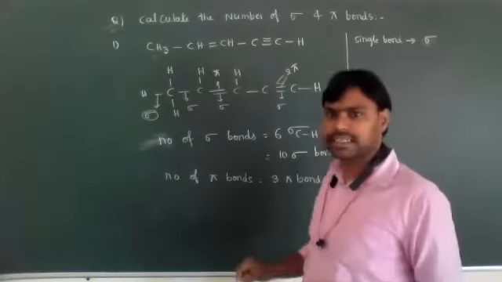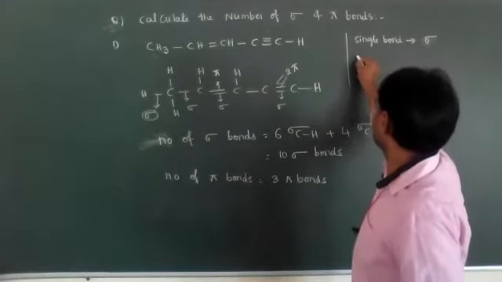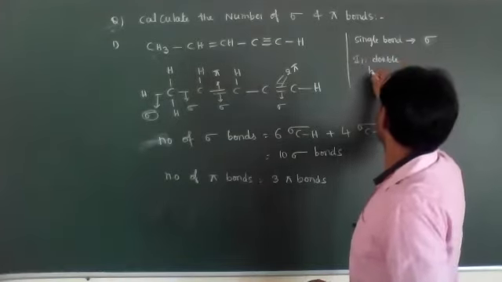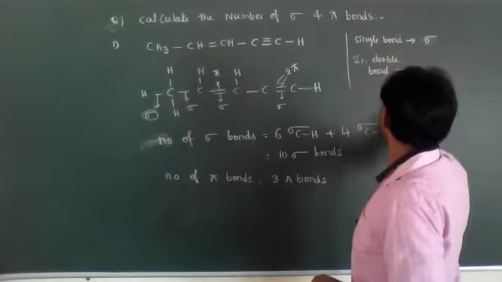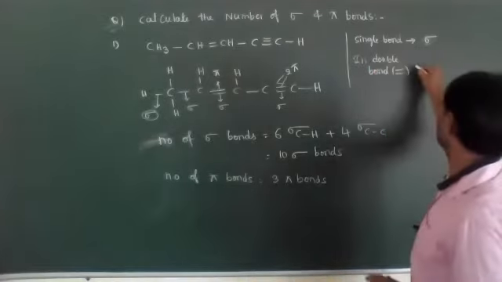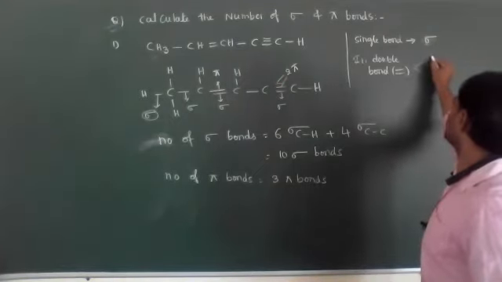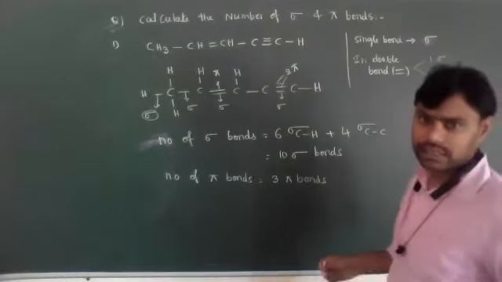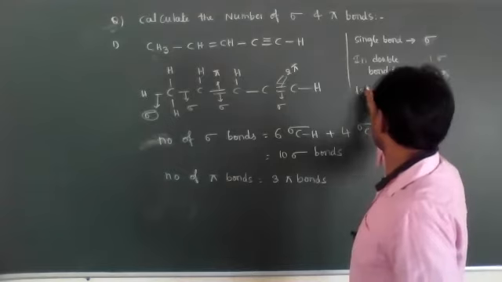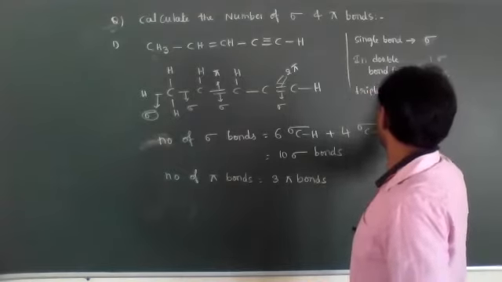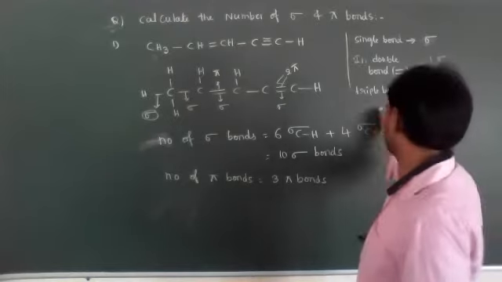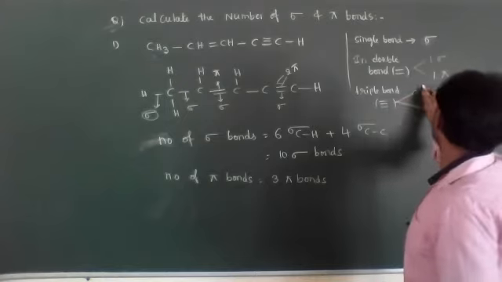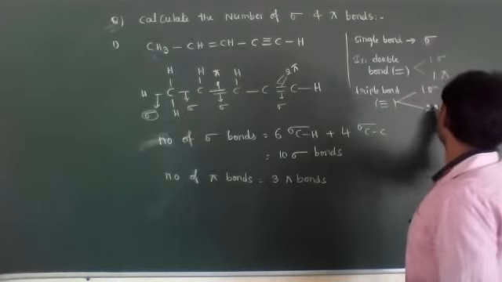And multiple bonds: a double bond has 1 sigma, 1 pi, and a triple bond has 1 sigma, 2 pi bonds.